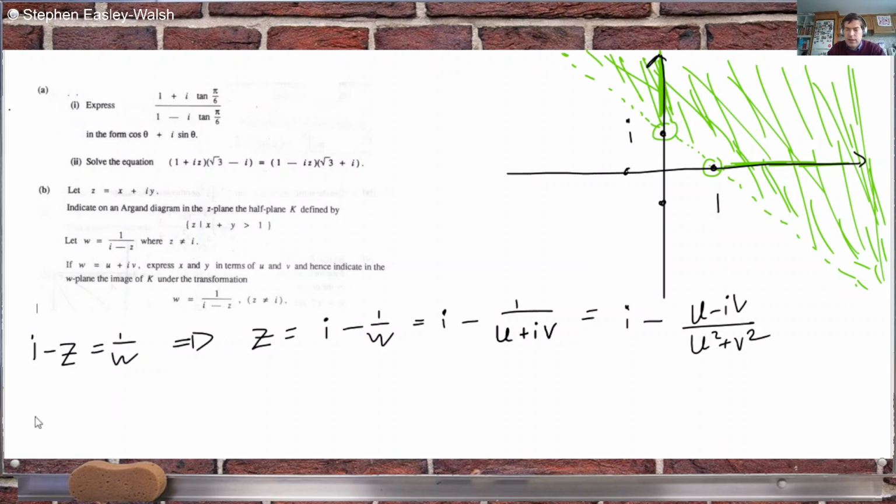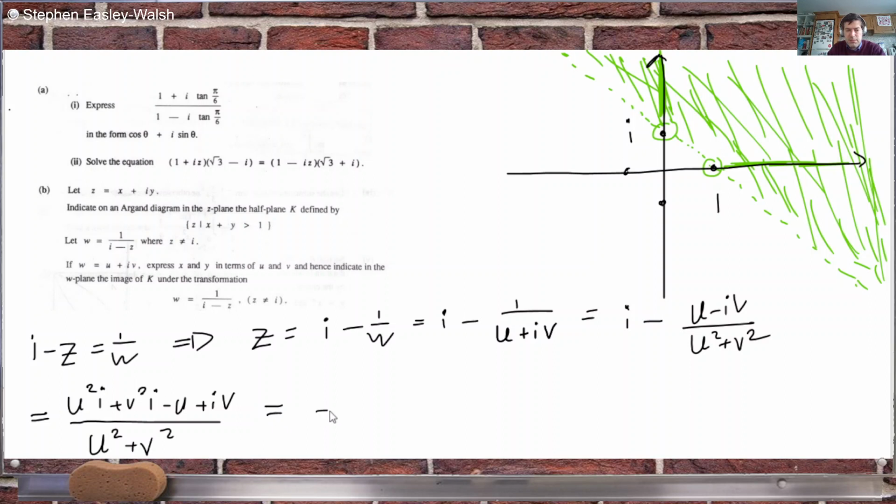So that will equal, all over u squared plus v squared, u squared i plus v squared i minus u plus iv.